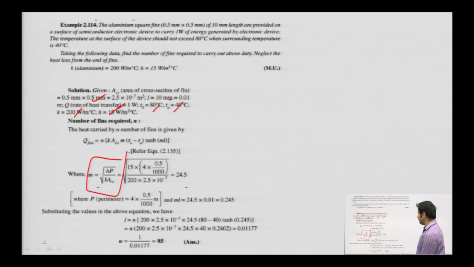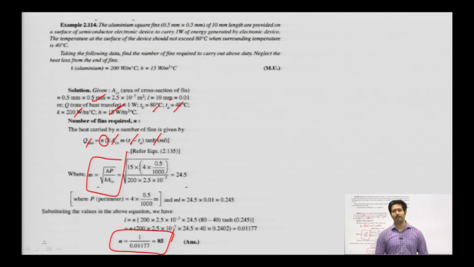Since q is given, the left hand side has already been given to you, so it's now very simple, and everything is given, so you just need to calculate n. With simple mathematical rearranging and calculation, you can get the number of fins as 85.